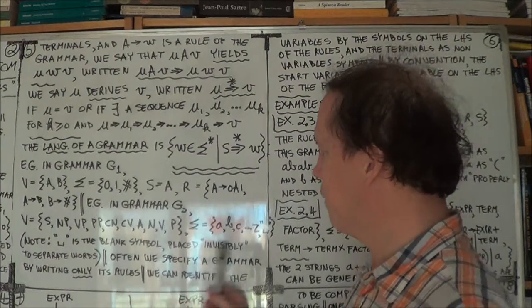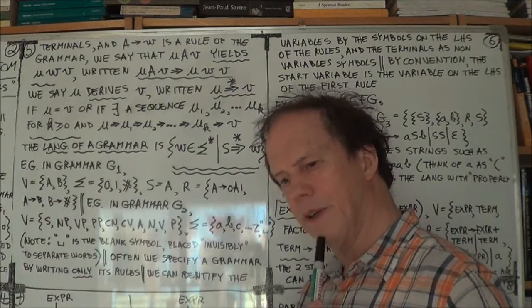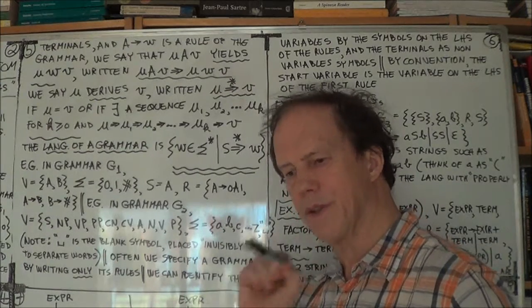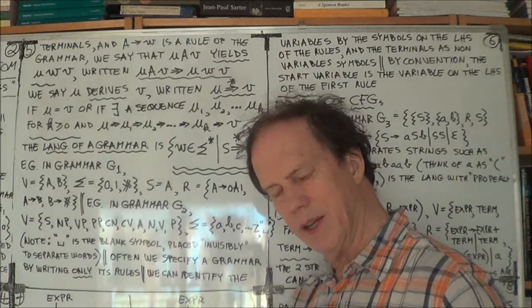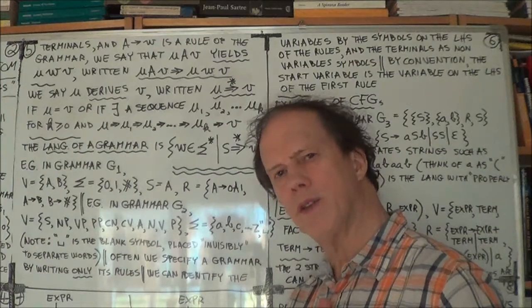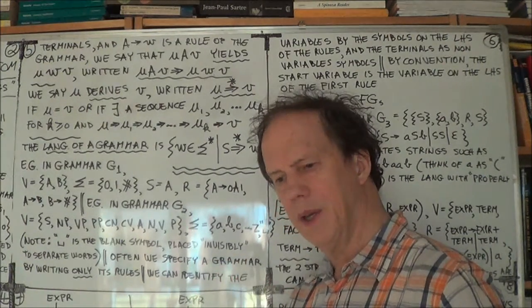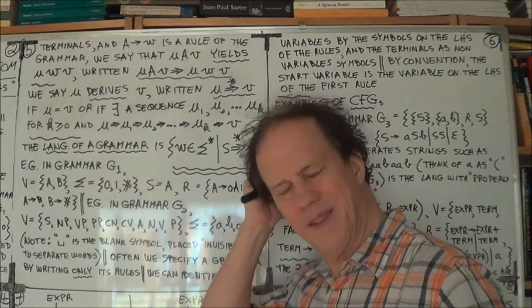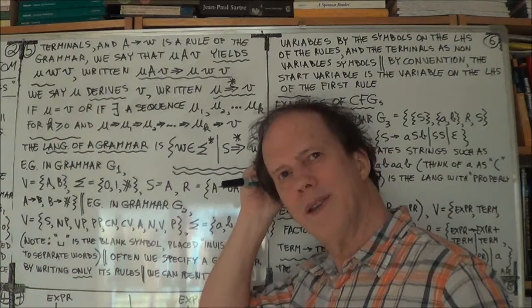Now, a bit of a comment. Often, in practice, when specifying or writing out a grammar, instead of writing out a four-tuple, you tend to write out only the R. And why is that?